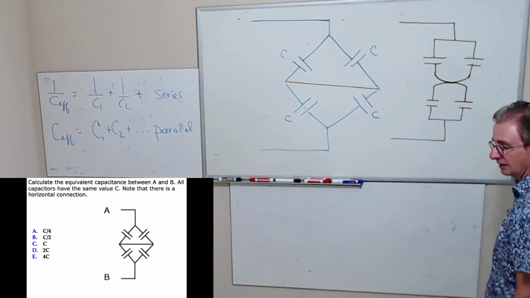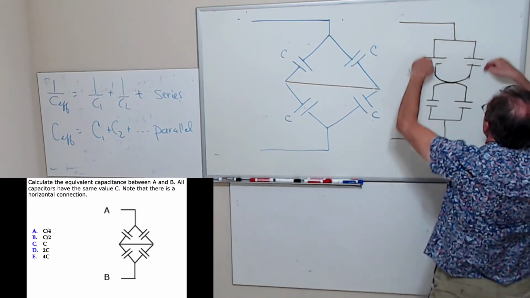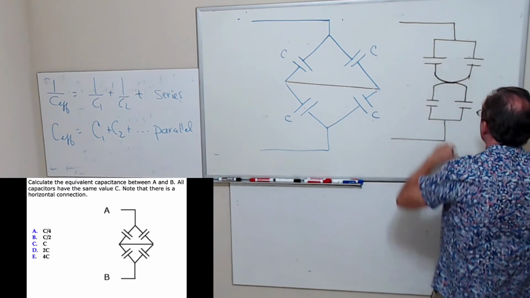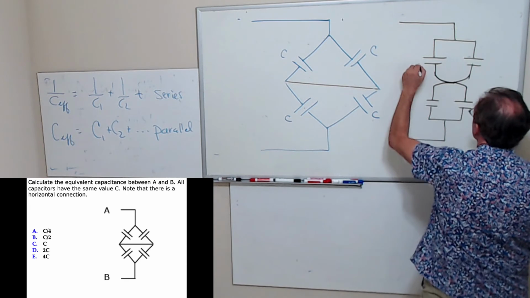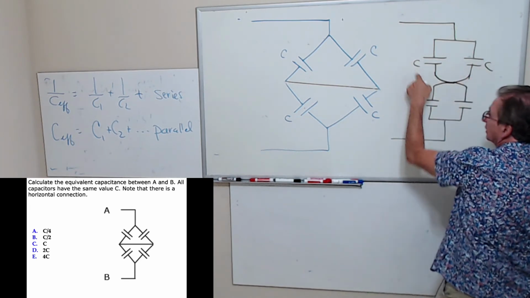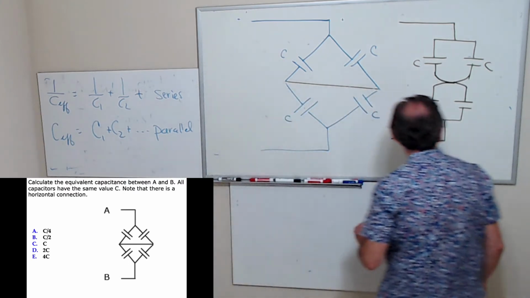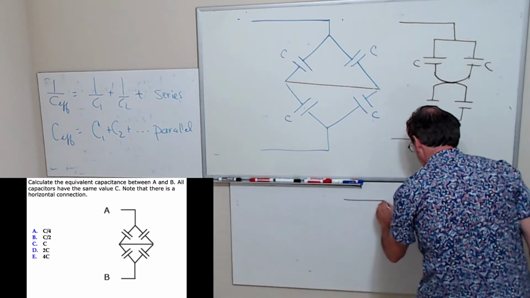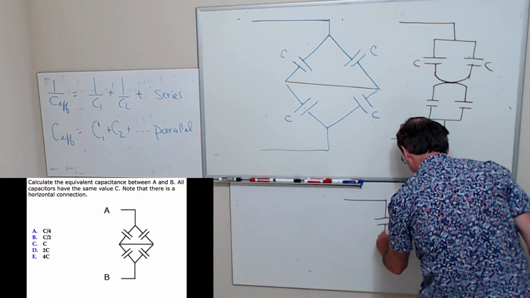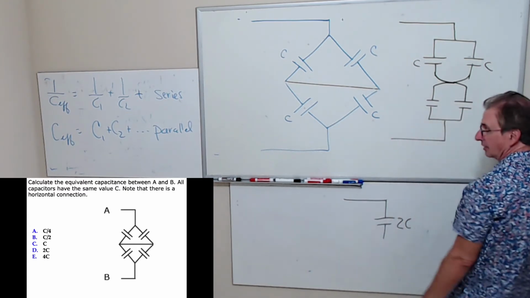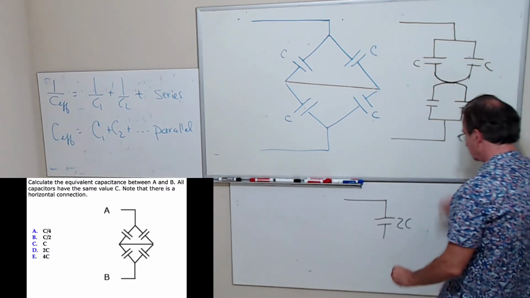The same thing. The current splits here, then comes together here, splits here, and comes together. So these two are in parallel. I can replace those two with a single one by adding them. These two, I can combine into a single one.